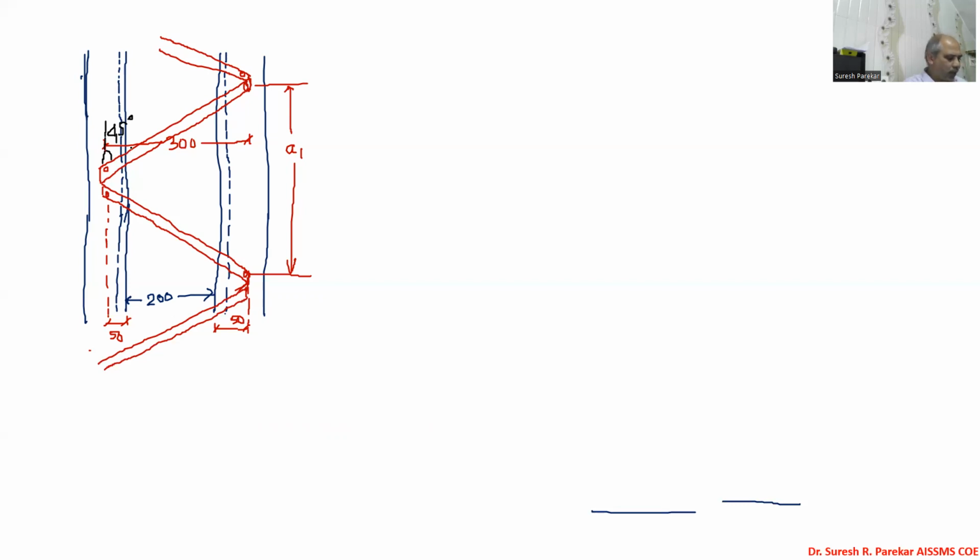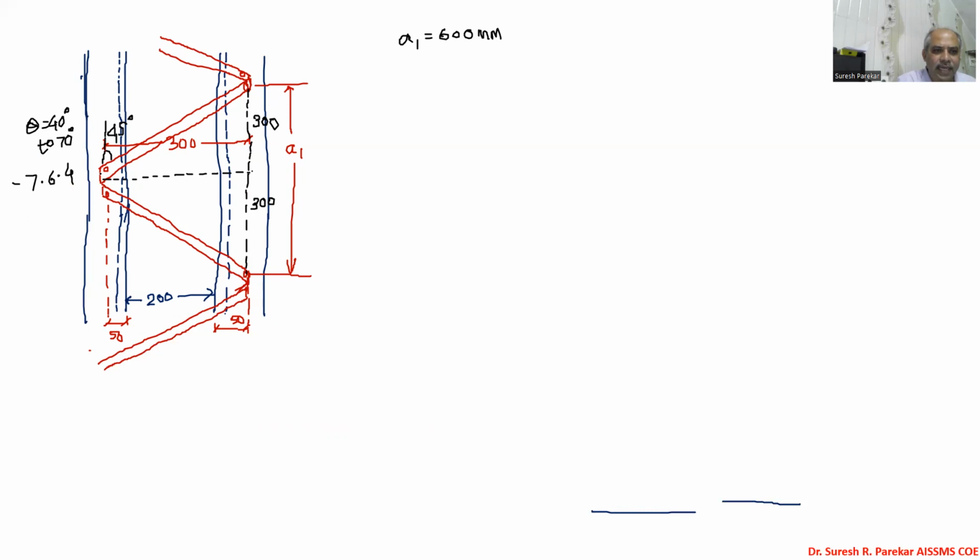In IS 800 clause 7.6.4, theta is given as 40 degree to 70 degree, preferably 45 degree. And therefore we have this distance 300. So with 45 degrees, automatically we have this also 300, and we have this also 300. So total A1 we will get as 600 millimeters.